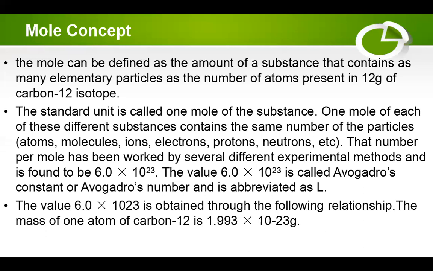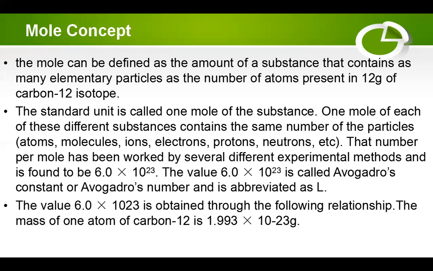So that's how we get the definition of the amount of a substance with that many elementary particles as are found in 12 grams of carbon-12 isotope. Now, why carbon-12 isotope? You see that in finding this value, Avogadro's constant is obtained.